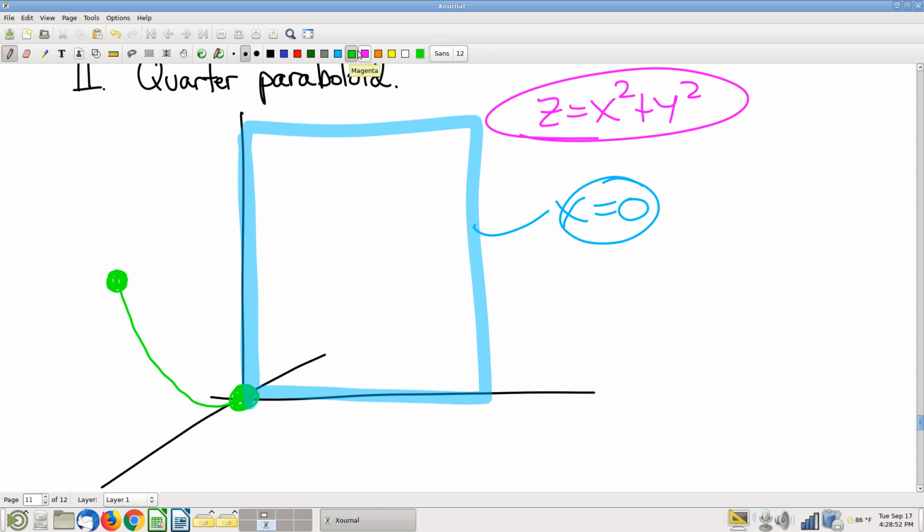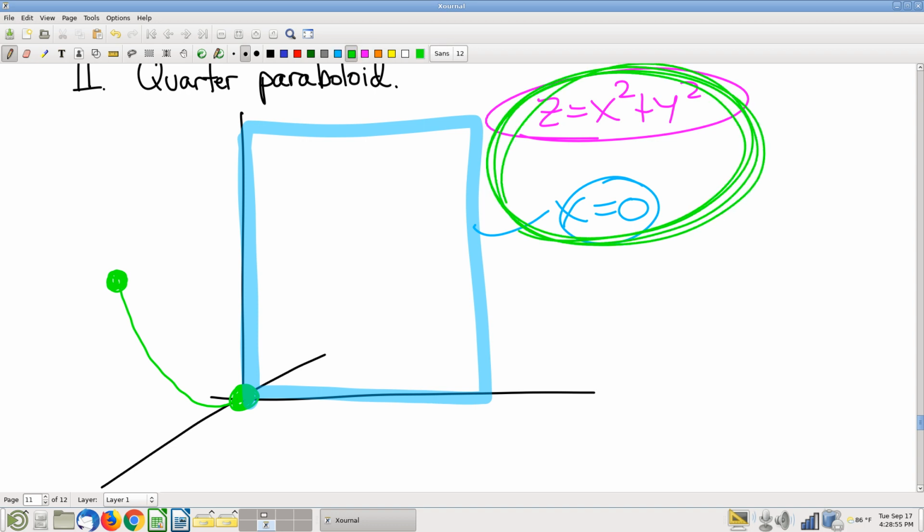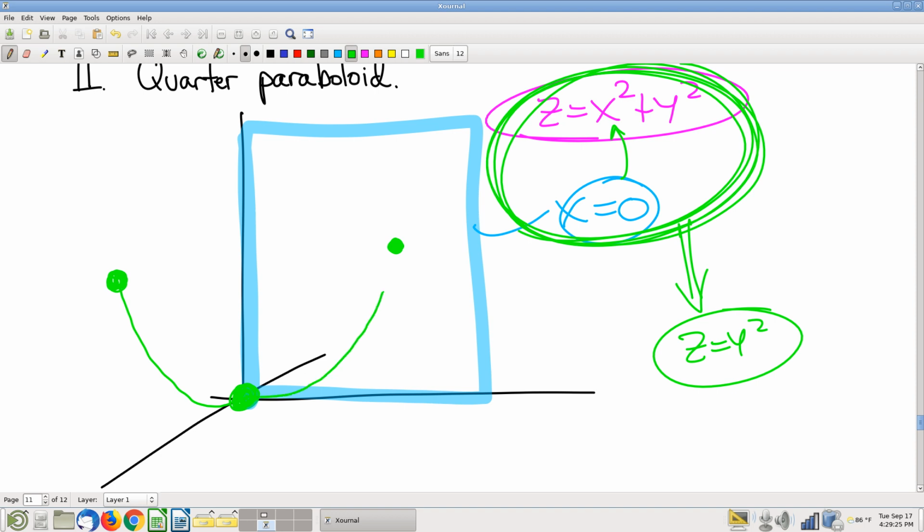The intersection that I get by combining these equations, that's a curve, and I get that by putting that into there. And note the equation becomes z equals y squared. So again, I get a parabola inside of this blue plane, and that parabola, well, again, it's pretty easy to draw. Notice it goes through the origin, notice it goes through that point, and it's a parabola, and so it's going to be kind of like that. Okay. All right.